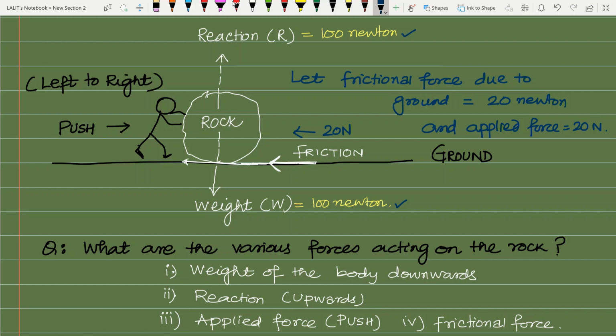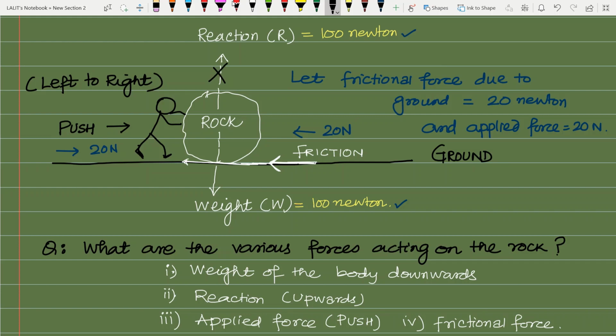We are applying 20 Newton force, which is the push. Friction is 20 Newton in the opposite direction. The weight of the body is acting downwards, which is 100 Newton, and the reaction is 100 Newton. If you look at the diagram very carefully, the upward and the downward force are equal and opposite, so they are cancelling out each other.